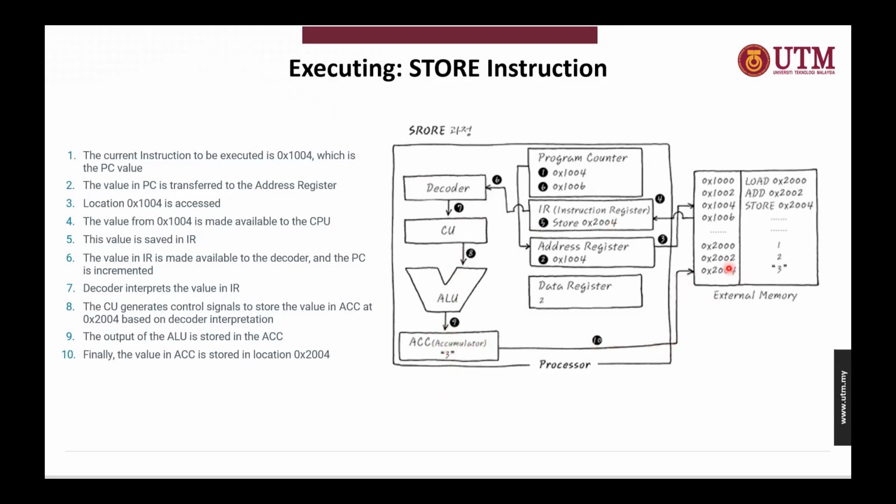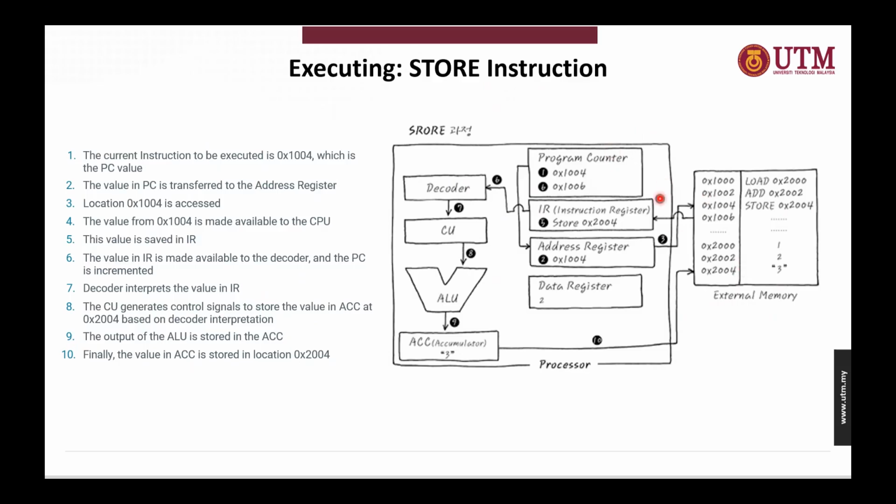You can see this is address 2004. And next, what happened? Put number 3, because the number 3 is coming from this accumulator, to address 2004, which is the C. That is where the store instruction has been finished.